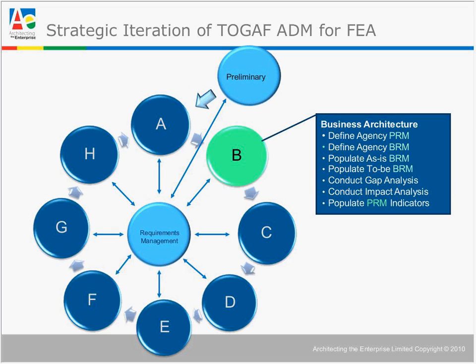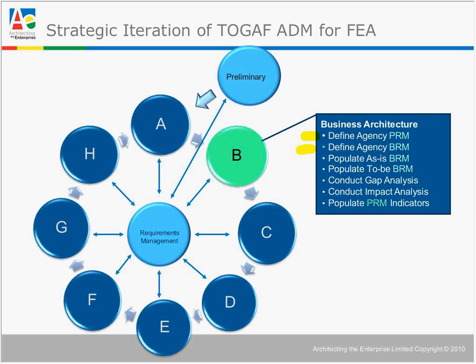Architecture, we are defining the business architecture. There is a generic PRM that OMB gives us. We're going to tailor that now to our specific agency. Same with the BRM, we're going to tailor the business reference model to a particular agency.